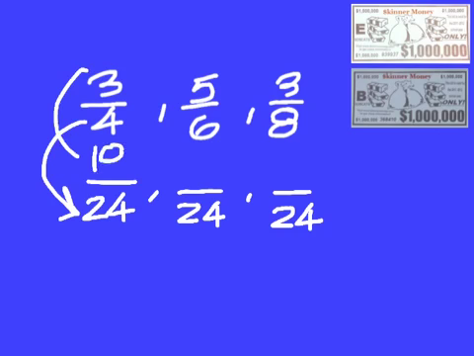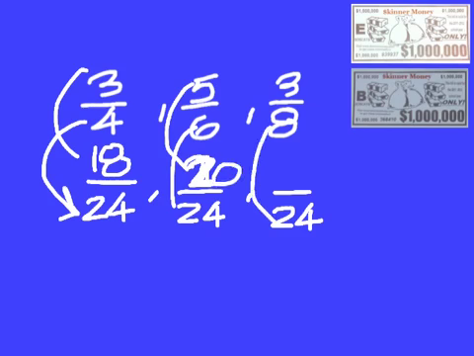Times 6, so this would be 18. What am I doing here? Times 4, so that is a 20, a very poorly written 20. And this is what? Times 3, so this is a 9.